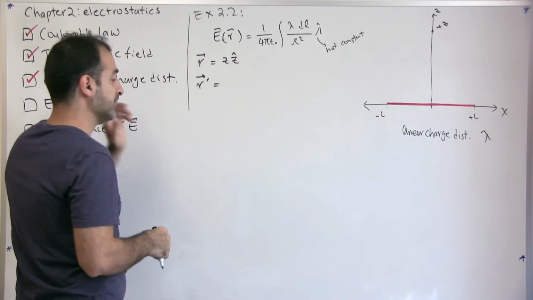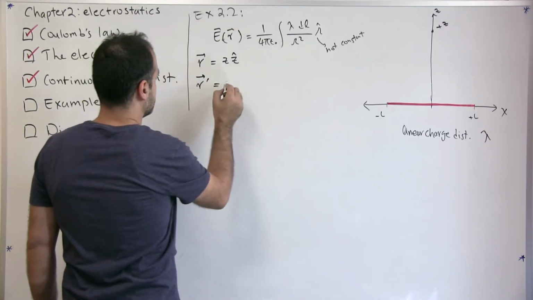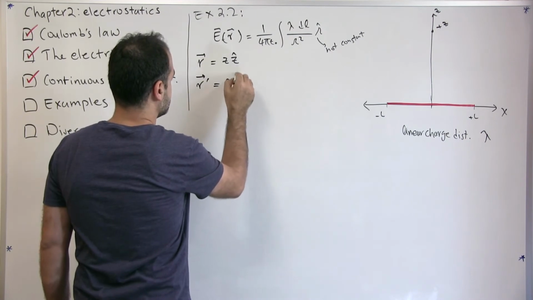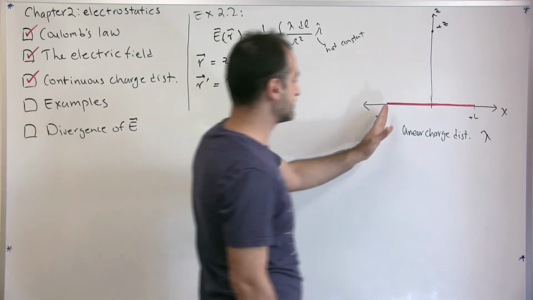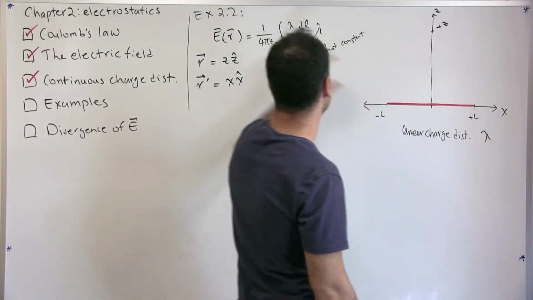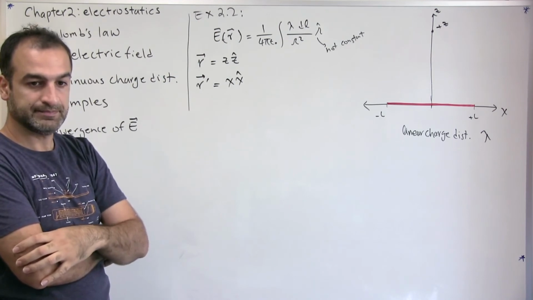Okay, so because it's only on the x-axis, I can write R prime as x times x hat. And the limit of that, where it's starting, where it's ending, will be reflected in the limit of the integral that we are carrying out. Sounds good?